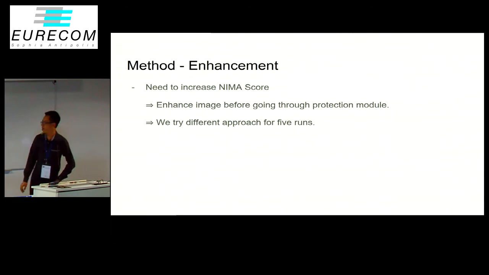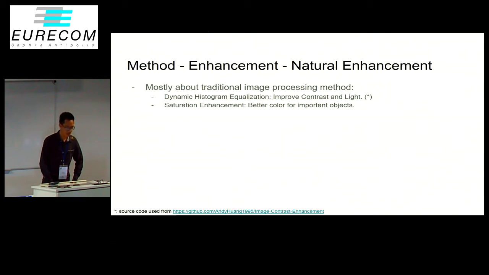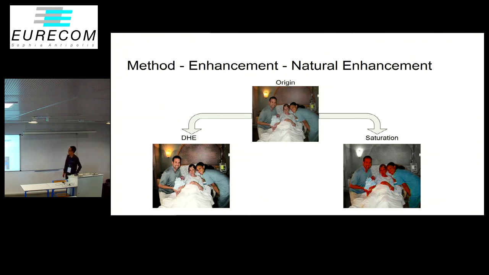For the enhancement steps, the authors tried multiple ways to enhance the image based on the NIMA score. The first one is natural enhancement, where they use dynamic histogram equalization and saturation enhancement, generating two types of images like this.